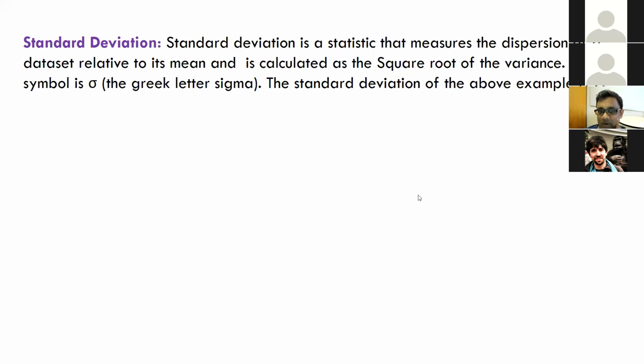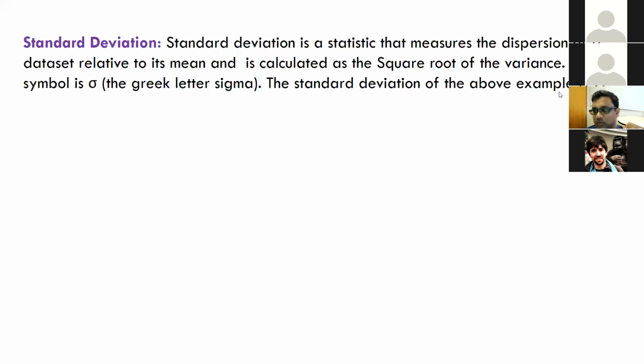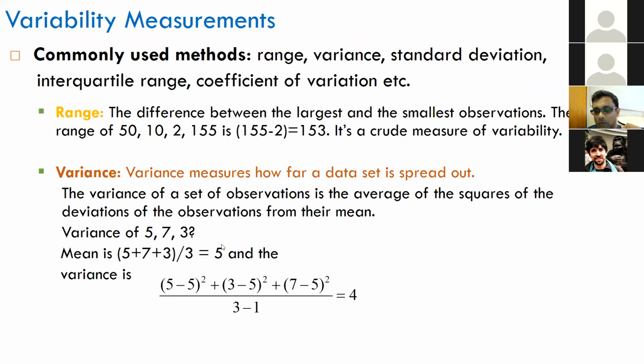if you take the square root of it, you get the standard deviation, which is the number 2. What does it mean? You have a mean here, number 5, and your standard deviation is 2. So your data set varies plus or minus 2, right? So standard deviation is 2 here, and then your mean is 5.